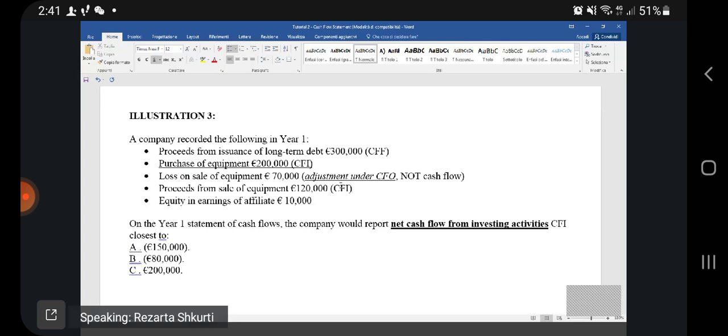Equity in earnings of affiliates. Affiliates are investments. Have you discussed the standard covering the equity method of recognizing investments in affiliates and joint ventures? Did you cover that in the first part of the course? Yes or no? I need to be clear because it doesn't impact here.